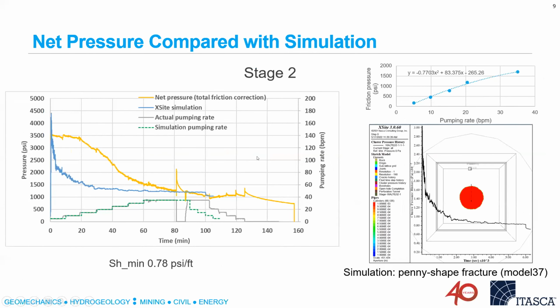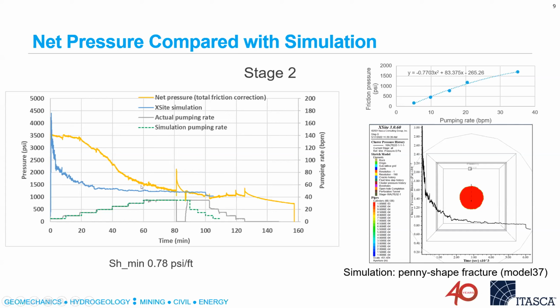And here's stage 2. Again, I did the friction correction by this step down data. So here, the orange one is the net pressure of stimulation, and the blue one is our simulation. This is penny-shaped crack.